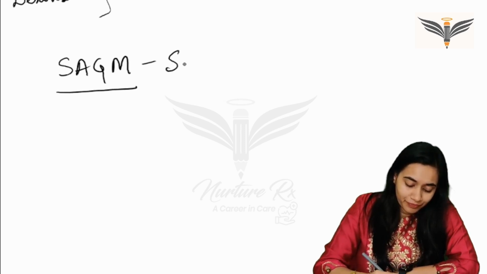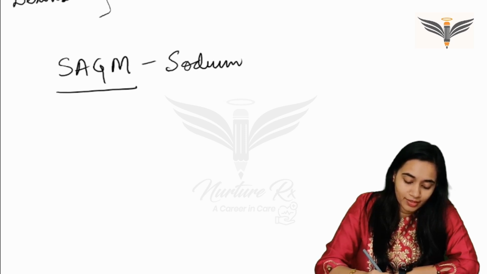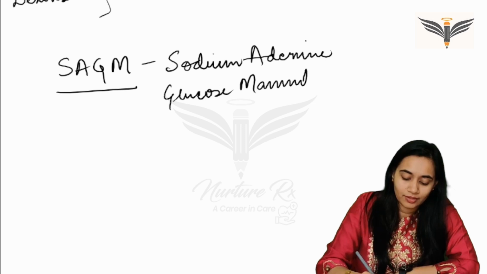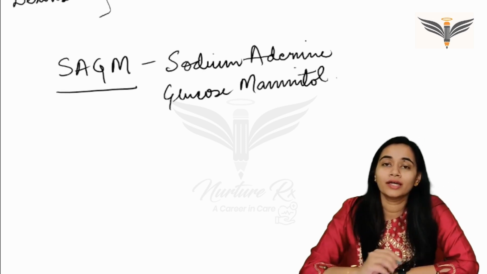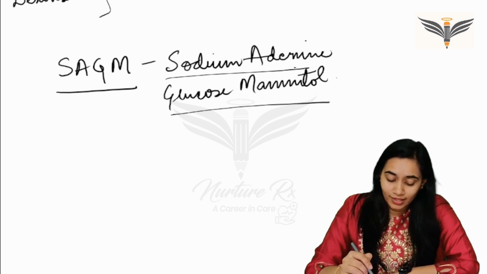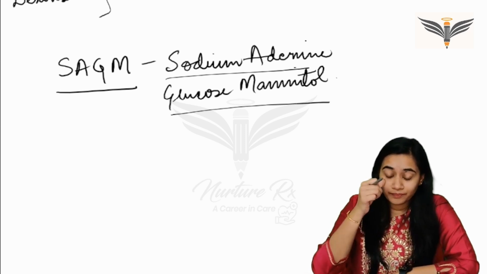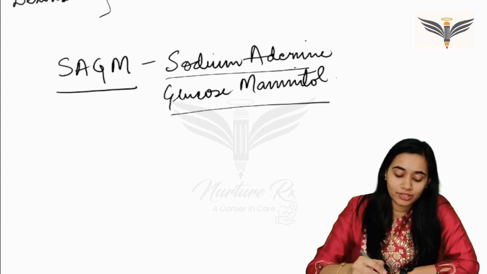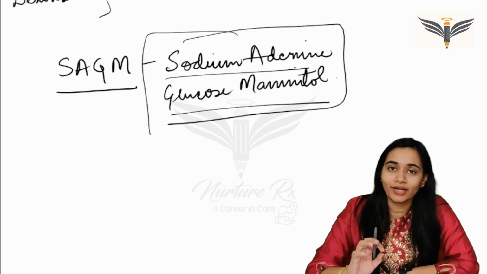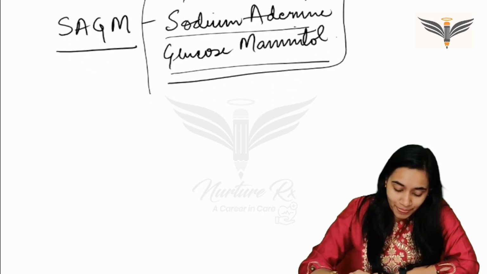This is sodium, adenine, glucose, mannitol. Okay, so this you have to remember. Again, this will help in nutrition. So this constitutes only the nutrient component. This will not provide any kind of anticoagulation, right?